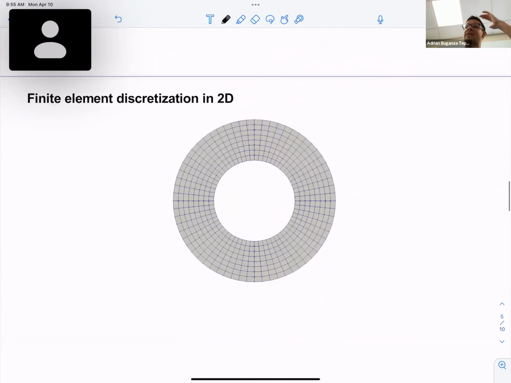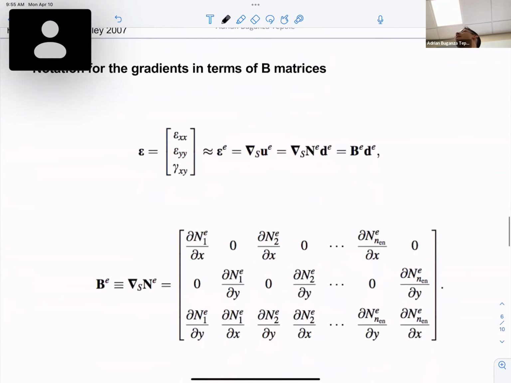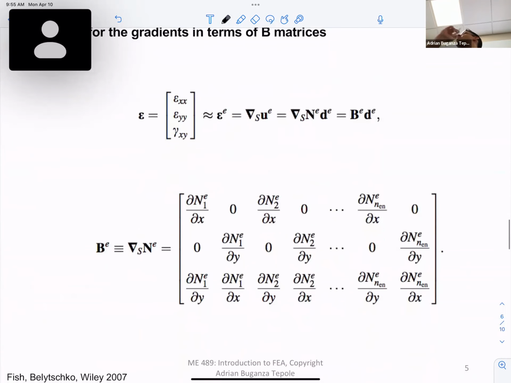Now, finite element discretization in 2D, we're actually going to define explicitly what Abaqus is doing for some of the elements. I was saying the B matrix is a little bit different in this case, because the gradient S is a little bit different than the standard gradient.